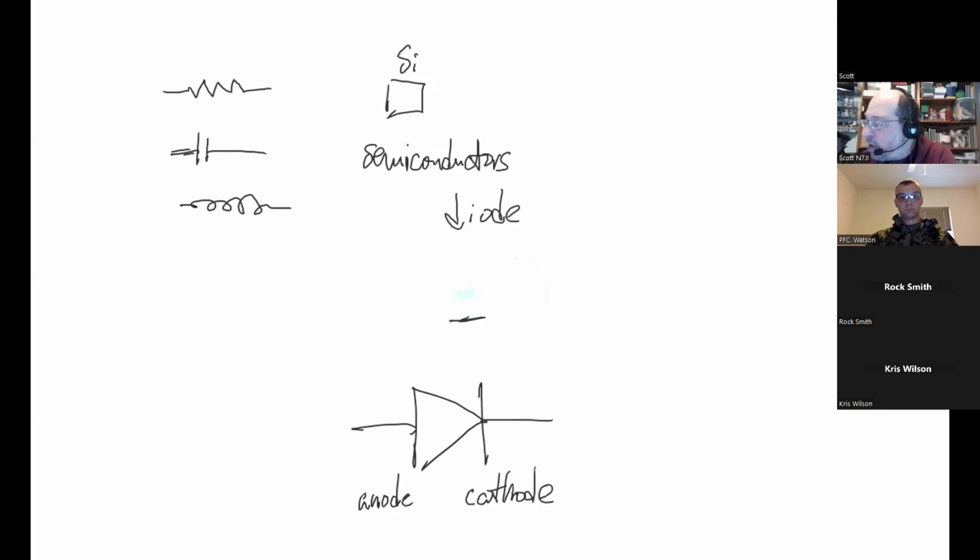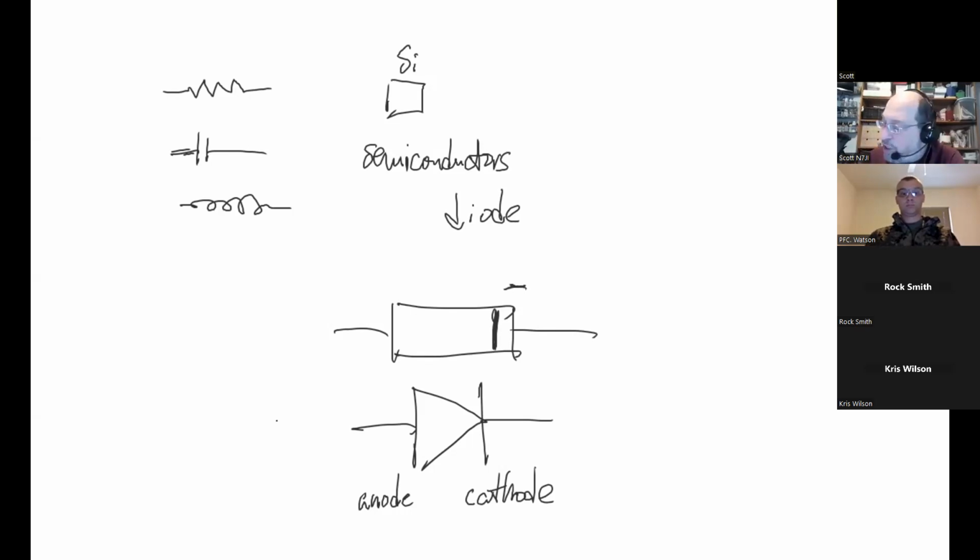And a diode usually looks like a little tube, and it has a band on the cathode end, which is the negative end. Easy to remember because the negative sign looks like that. What's special about a diode is that if I put a voltage here, a plus over here, and a negative over here, this will allow current, because it's like a one-way street, to flow through the diode.